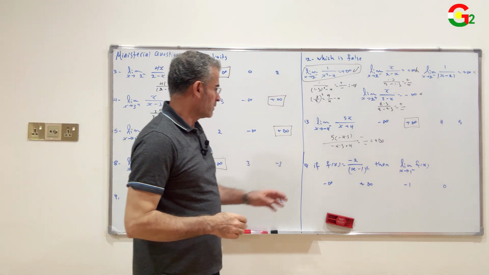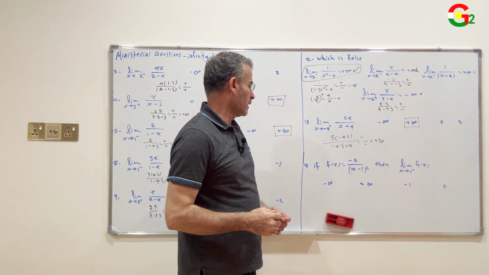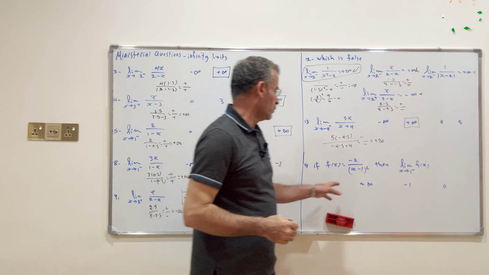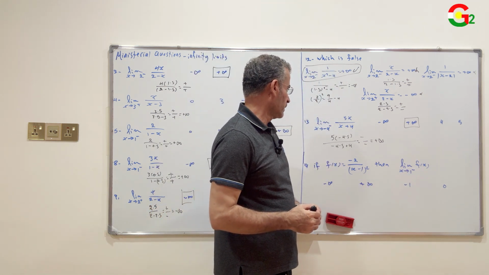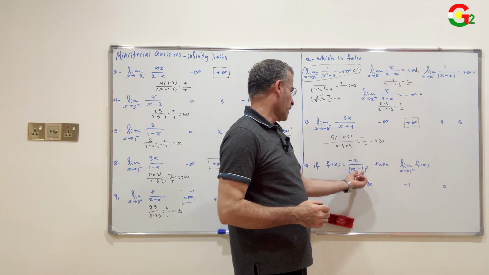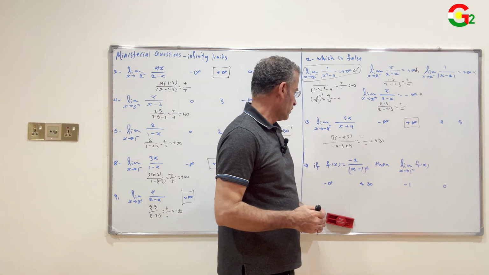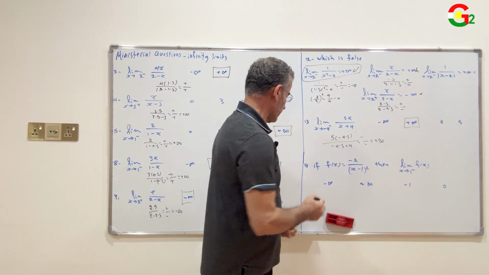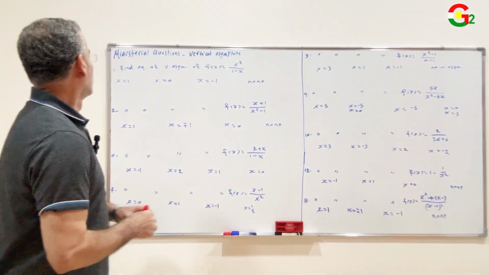If f of x equals negative 2 over x minus 1 squared, then the limit as x approaches 1 from left is, since I have a square here, the denominator is always positive. Negative over positive is negative. Then the right choice is A.